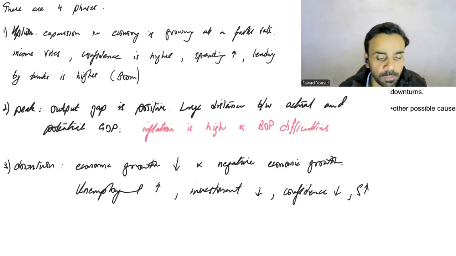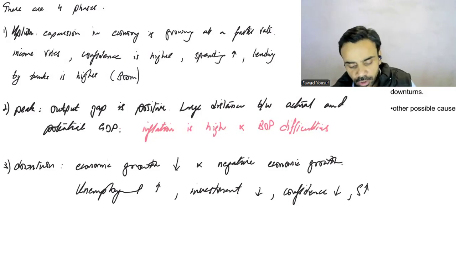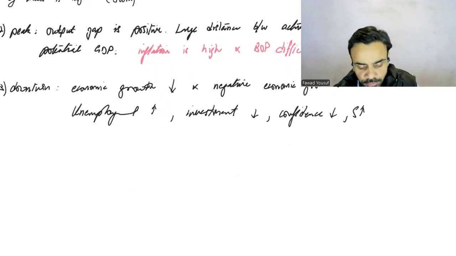Businesses are also saving more, investing less. So overall unemployment happens and your economic cycle sort of goes bad.